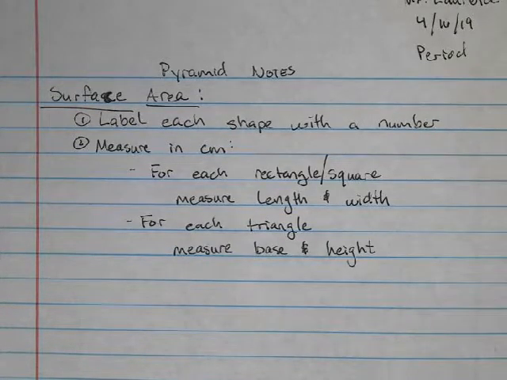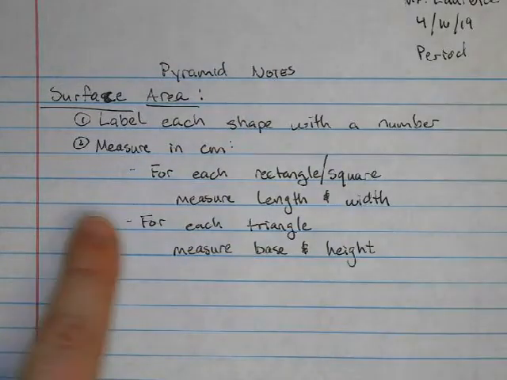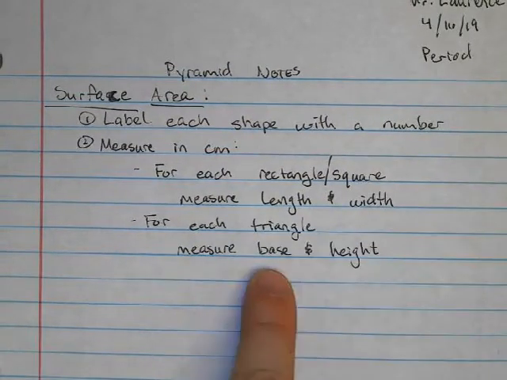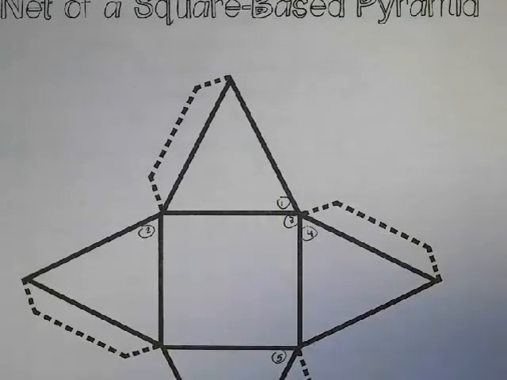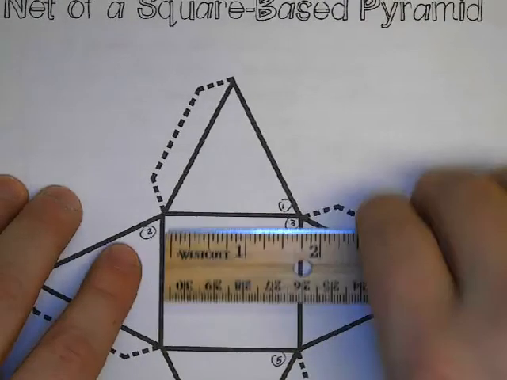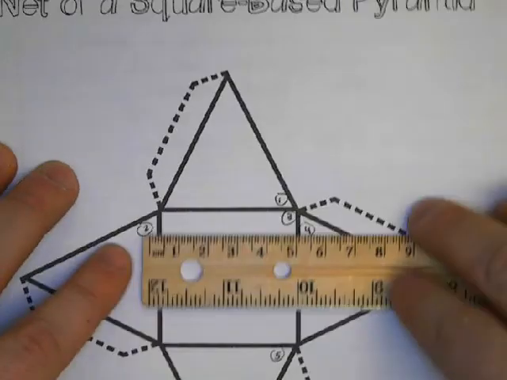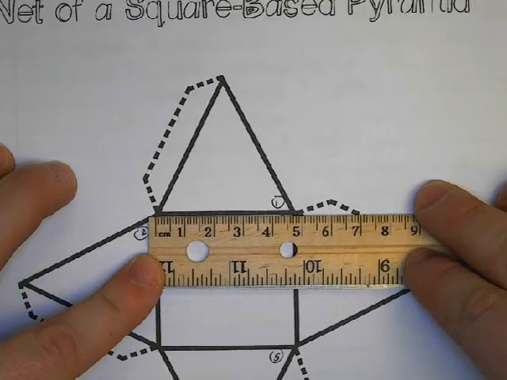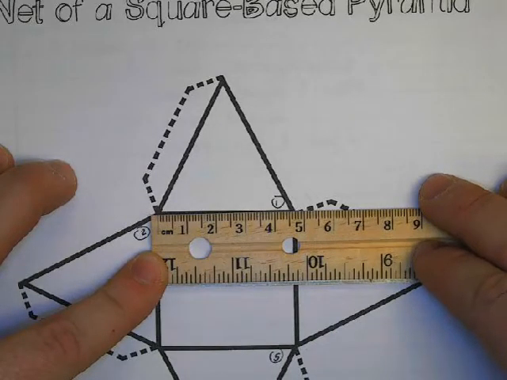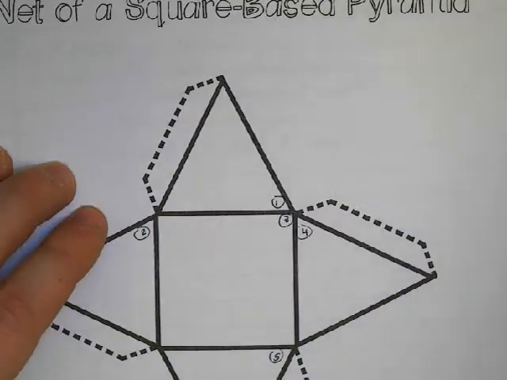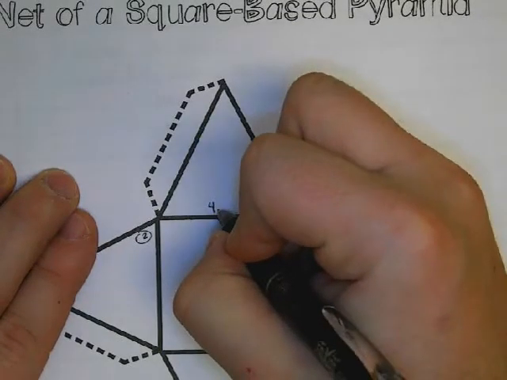So now we're going to measure for the rectangles or squares the length and width, and for our triangles base and height. So let's start with shape 1. I'm going to measure my base using centimeters. I'm going to measure my base, which looks to be about 4.6. Now if we don't get the same measurements, that's fine. They just have to be close to each other.